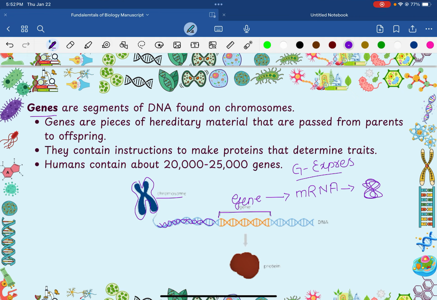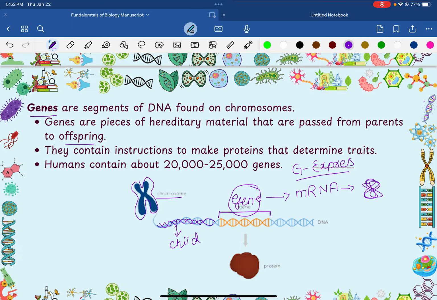We will discuss gene expression in detail, but as of now, you have to know what genes are. Genes are the pieces of hereditary material that are passed from parents to the offspring. We have thousands and hundreds of DNA in our body, but not all the DNA is transferred to the offspring or the children.